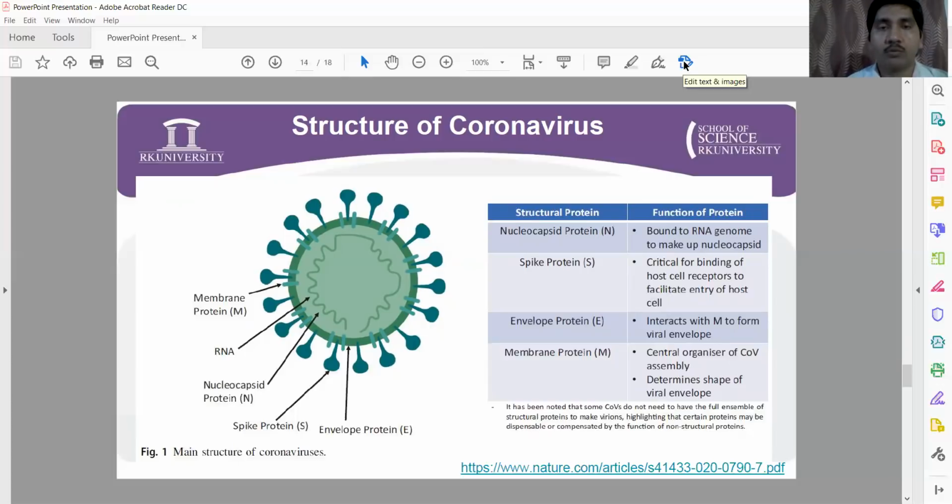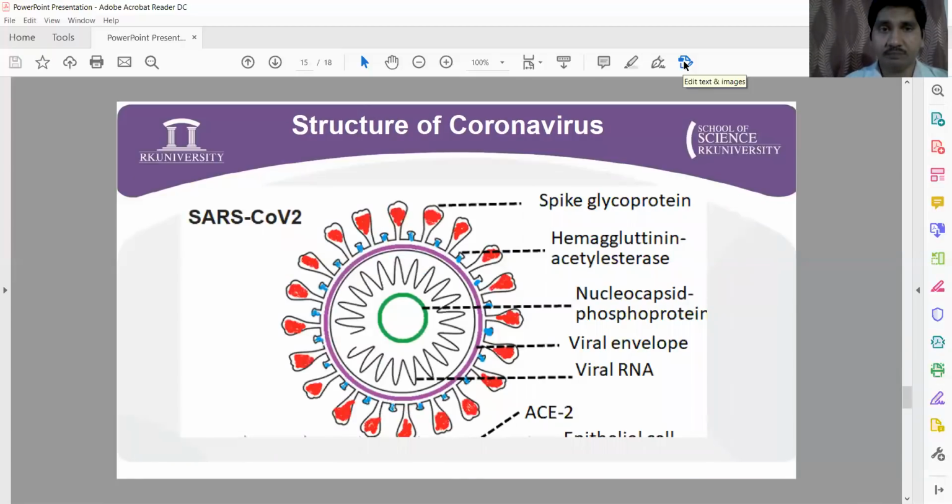The nucleocapsid proteins are those proteins which surround the nucleic acid, that is here the positive sense RNA. So those proteins which surround and protect the nucleic acid are known as nucleocapsid proteins. In this image, you can see the structural proteins of the virus.